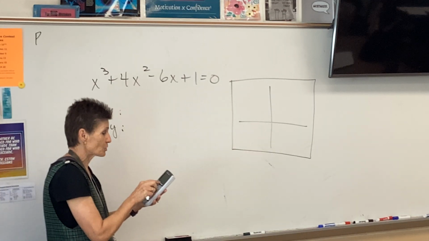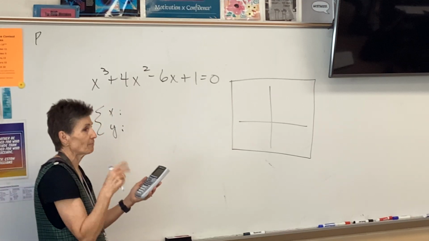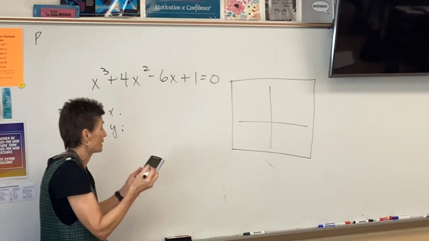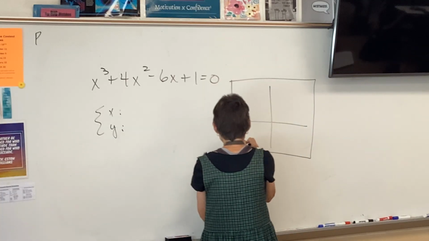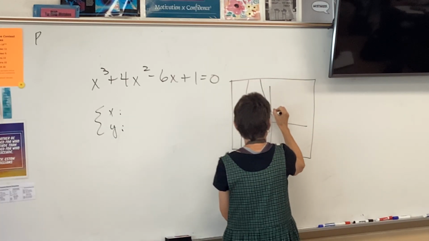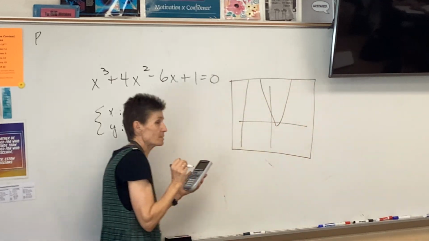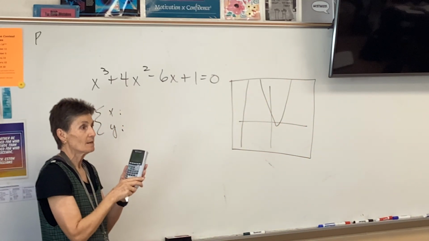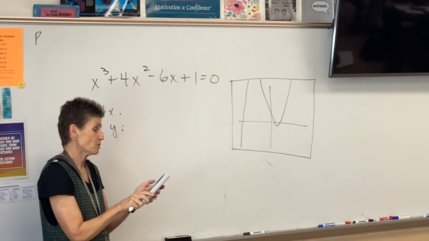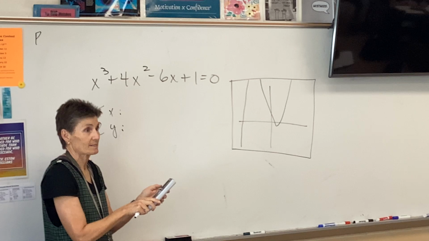I'm going to zoom 6 to get me started, hit graph and see what it looks like. I don't know what you see, but that's what I see when I entered my equation and zoom 6.